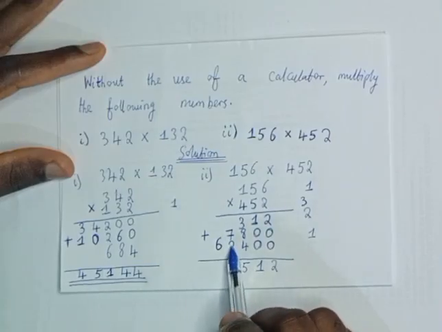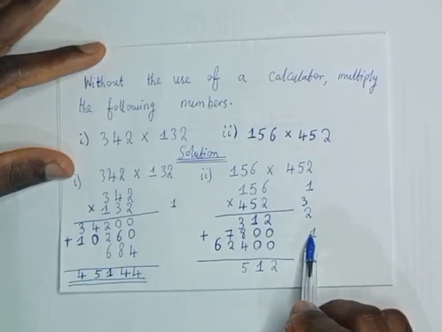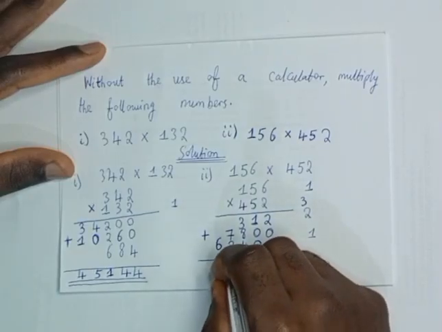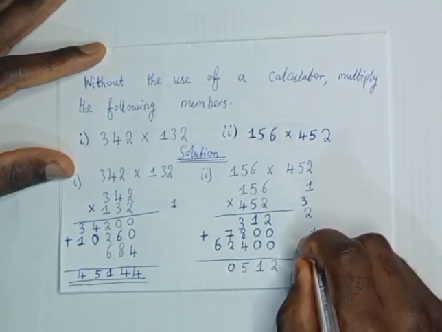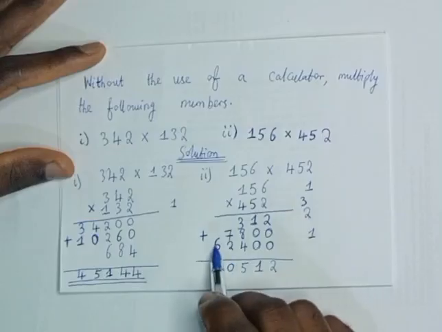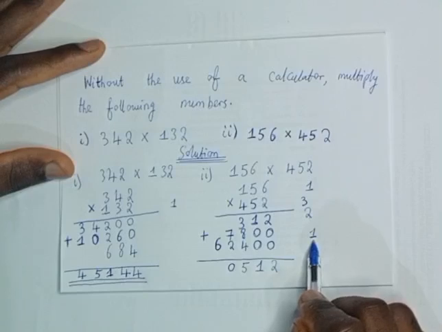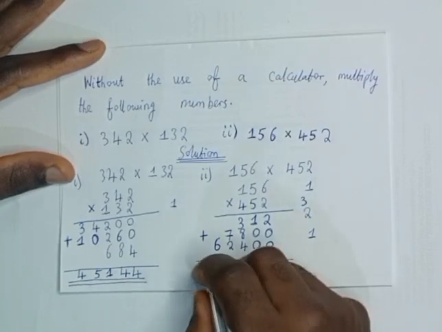7 plus 2 gives us 9, plus 1 we carry gives us 10. We are going to write down 0. We carry 1 to the next addition. 6 plus the 1 which we carried gives us 7.